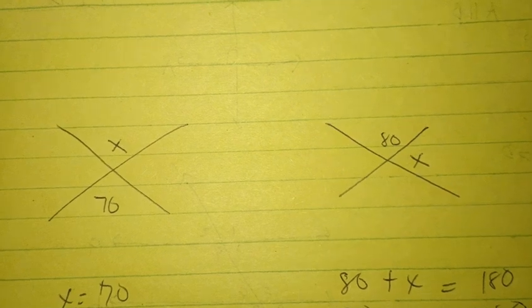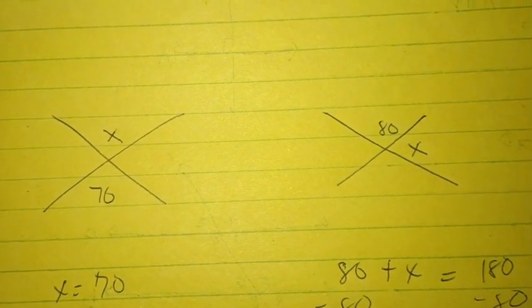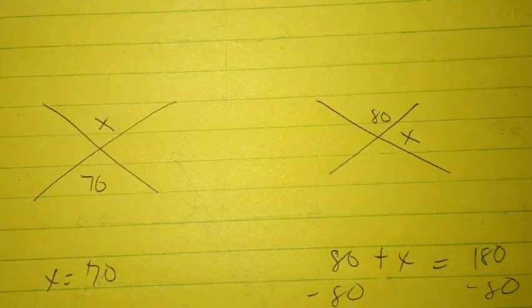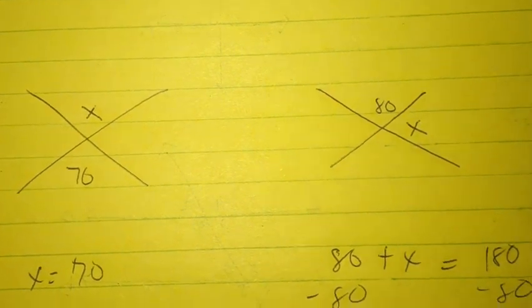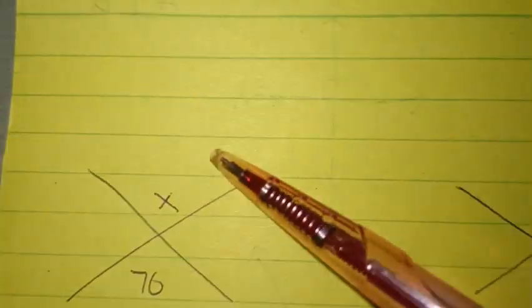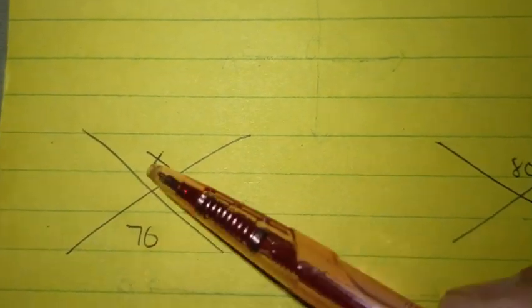I'm going to give you a few questions and I want you to find the value of x. In the first example, what is the value of x? These two angles are congruent, they're vertical angles, so therefore x is simply equal to 70.